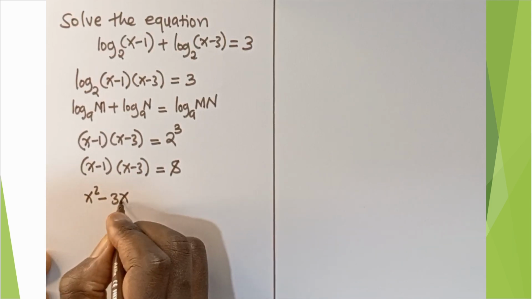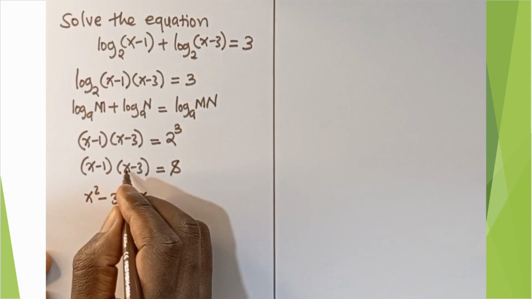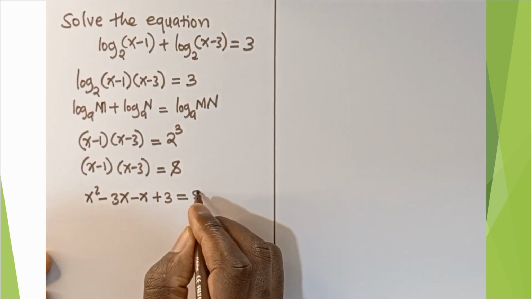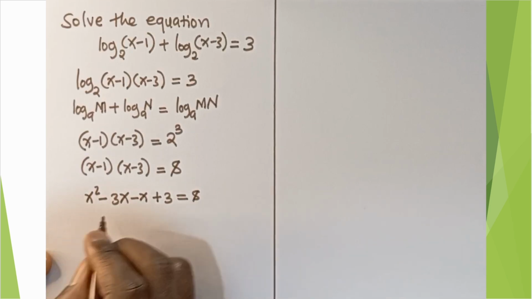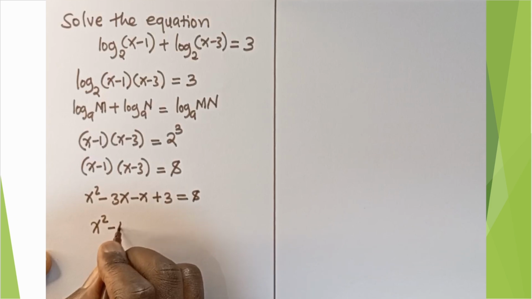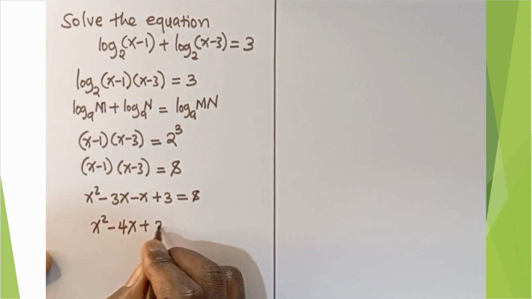So we are expanding: x squared minus 3x, then minus x, then plus 3 is equal to 8. So we go ahead to simplify, collecting like terms. We have x squared minus 4x, and then plus 3 minus 8.